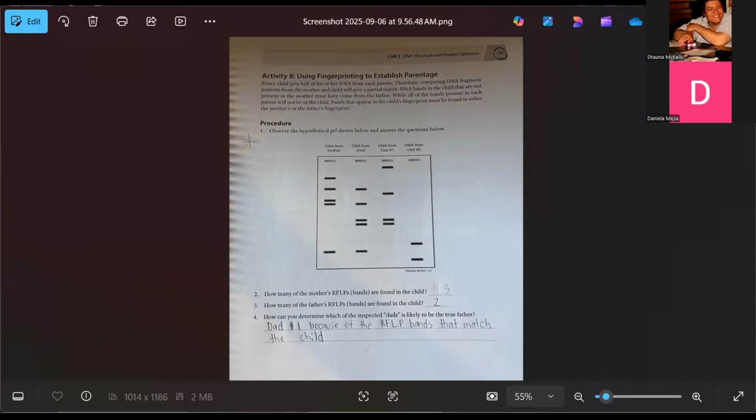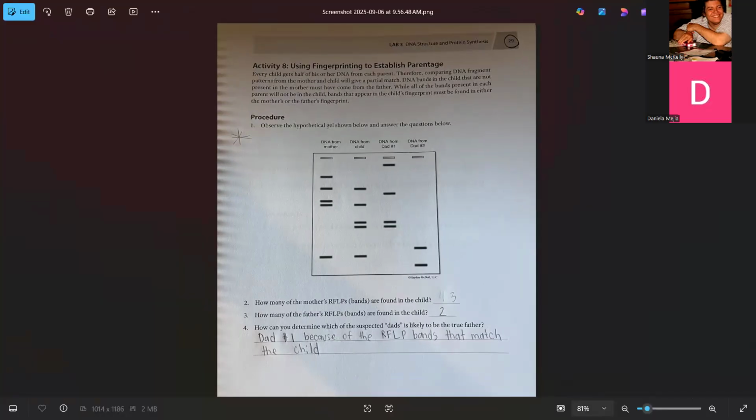Now we have every child gets half of his or her DNA from each parent. Therefore, comparing DNA fragment patterns from the mother and child will give you a partial match. The DNA bands in the child that are not present in the mother must have come from the father.